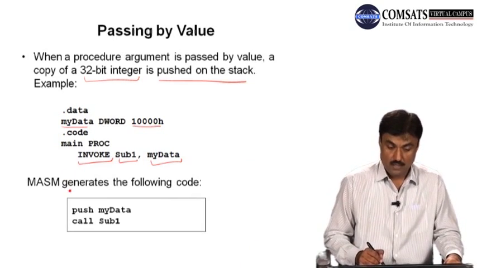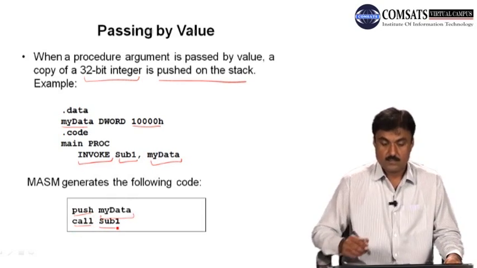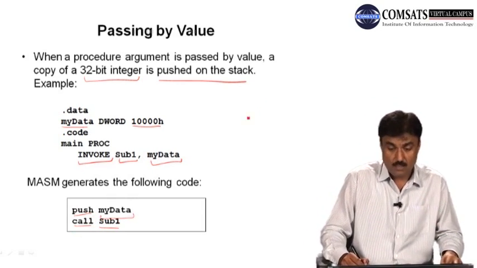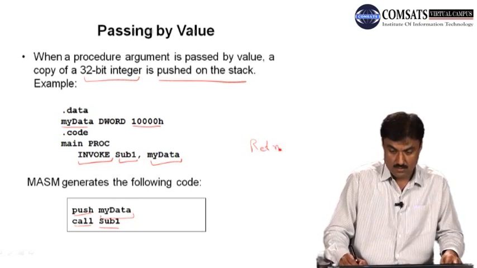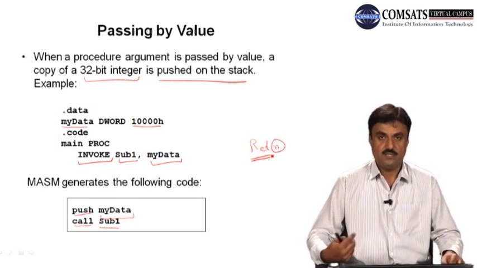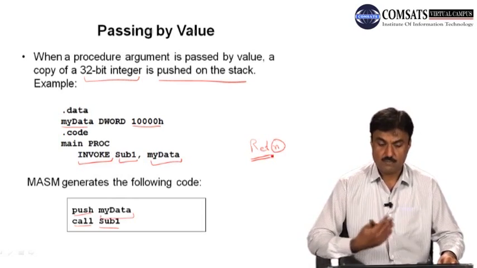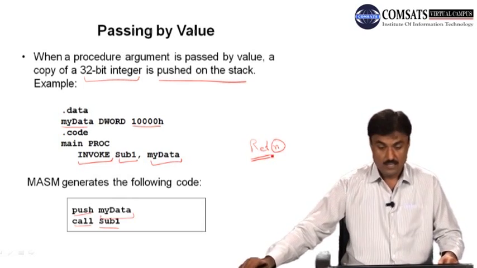Here is the MASM generated code. It will first push my data, and it will call sub1. Now the main and important thing that we will discuss is about the return n, that I already told you about. So first we push my data, and then call subroutine 1.